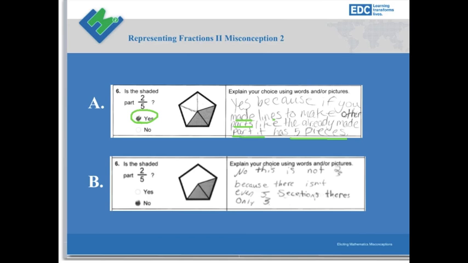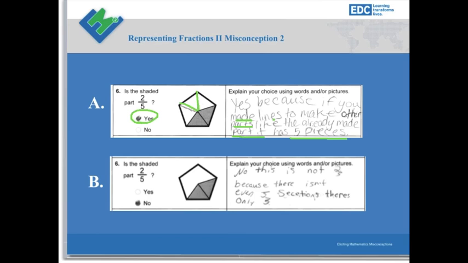This provides evidence that student A was able to envision the shaded part as 2/5 of the whole, and then added 2 partitions to the original representation to help describe it.